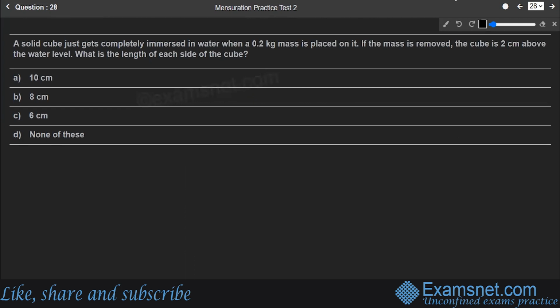Now, a solid cube just gets completely immersed in water when 0.2 kg mass is placed on it. If the mass is removed, the cube is 2 centimeter above the water level. What is the length of each side of the cube?